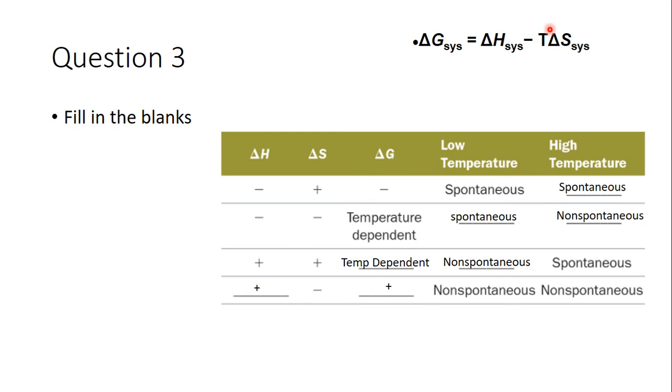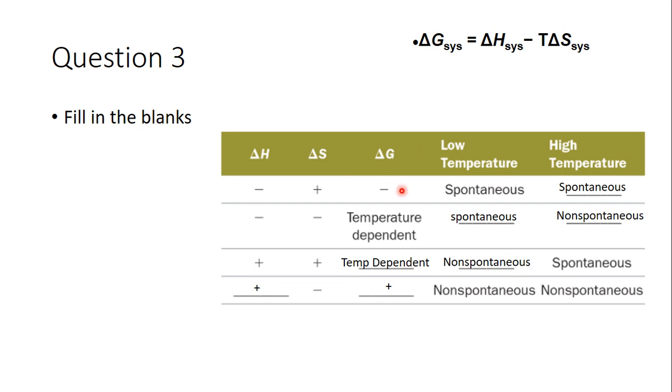This is negative T delta S. So we have to look at this as a giant term. If delta S itself is positive, that means this whole term is negative. So delta H is negative, minus T delta S is negative. A negative and a negative will always give you a negative delta G.